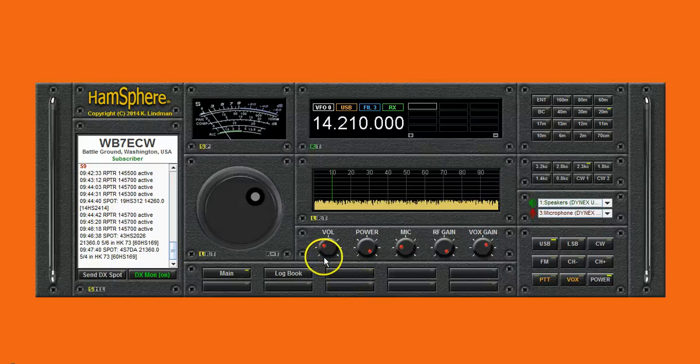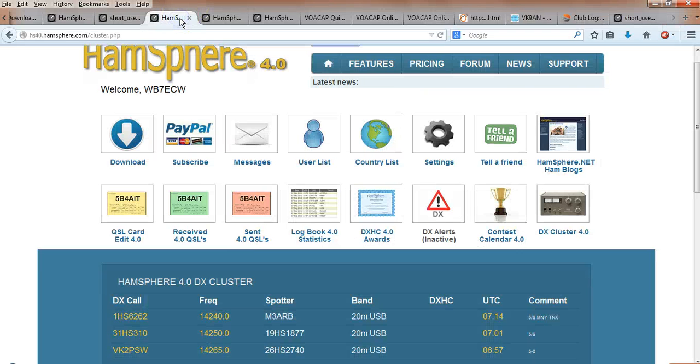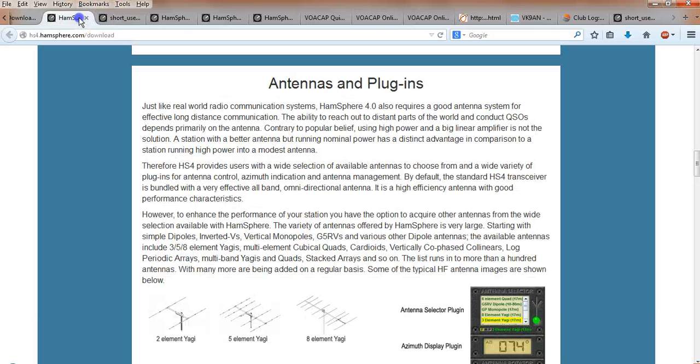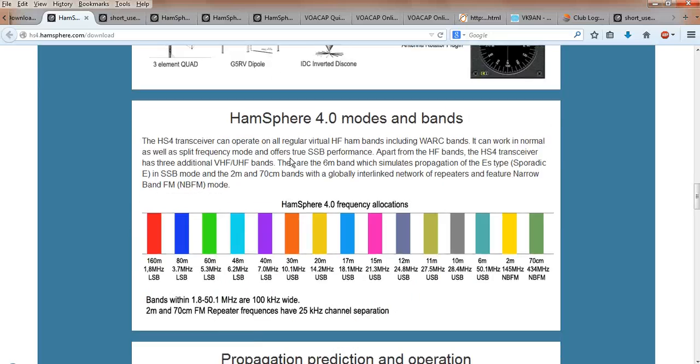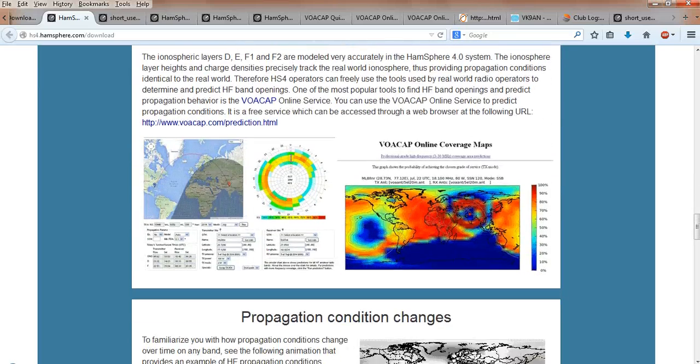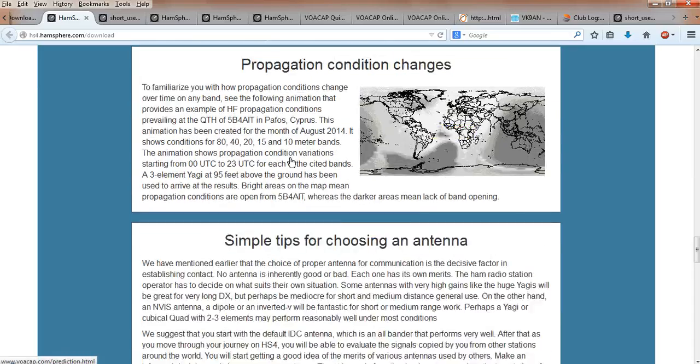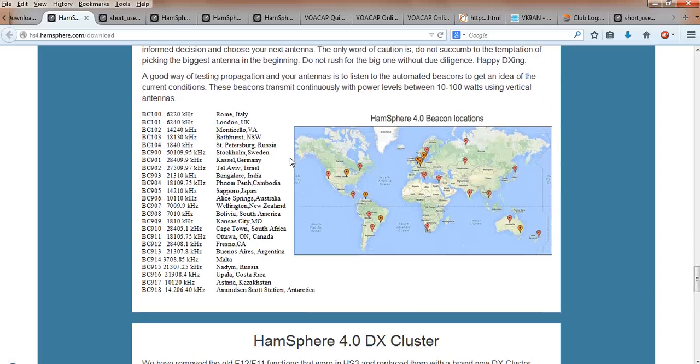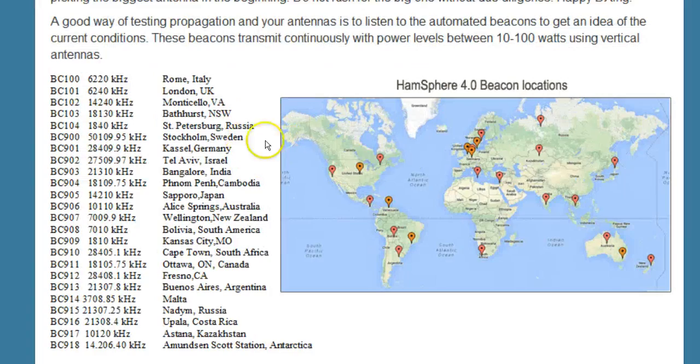There is one other way to figure out where you're hearing in the world, and that is to look for beacons. If you look at the HamSphere 4.0 download page, you'll find information on these beacons.